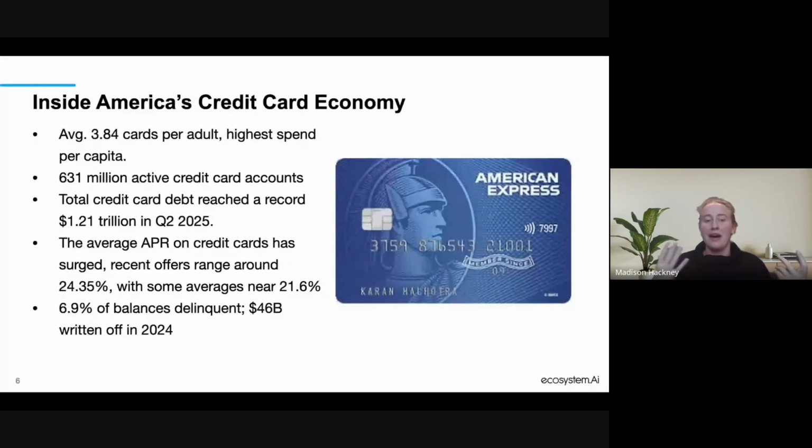So if we want to unpack why this is the case, what makes credit cards so popular in America, there are a couple of things that we can look at. Number one, there is this widespread acceptance of credit card culture in America. It is assumed that a credit card is the default payment method almost everywhere you go, from big retailers to small stores to online stores. It's just accepted that someone will have a credit card and they will need to pay with it.